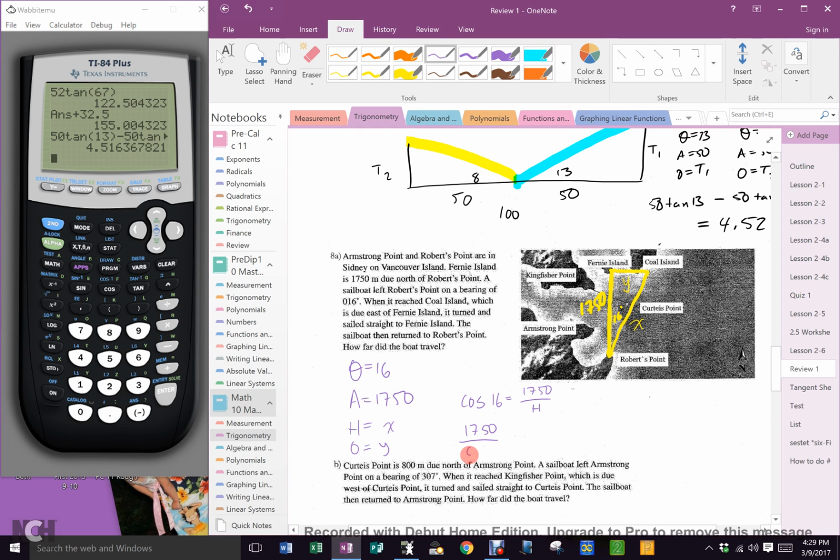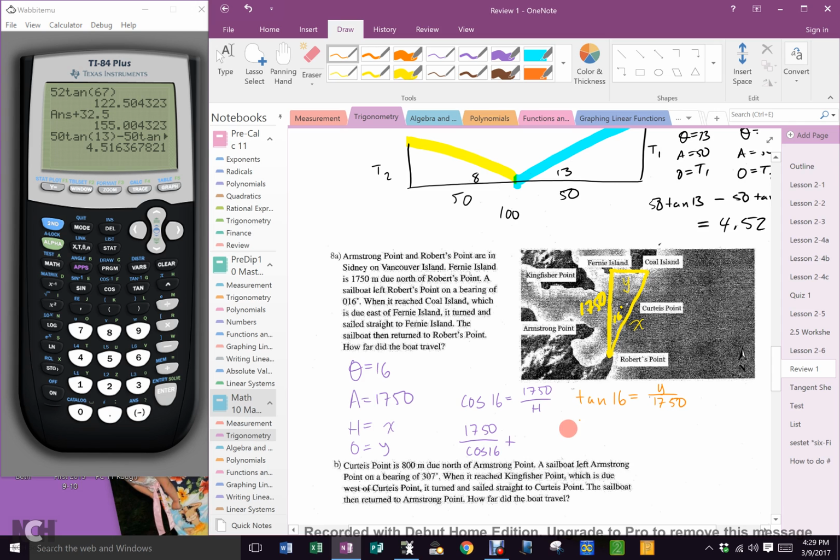1750 divided by cos 16 plus, now I need my a, or my opposite, which is sine, so that's sine 16 equals, sorry, not sine. I know I need my opposite, and I have my a, so I have to do tan of 16 equals opposite, y, over 1750.